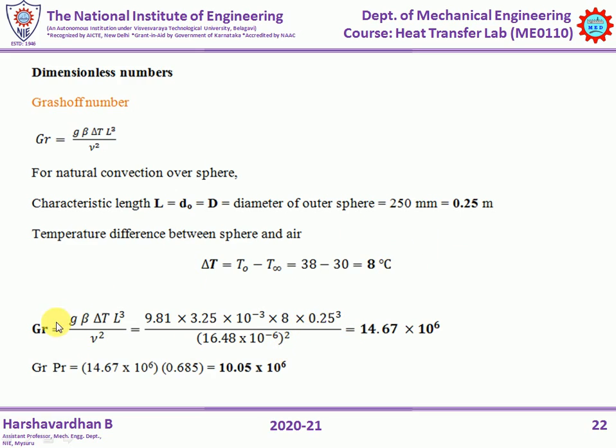By substituting the characteristic length as the diameter, the temperature difference as 8 degrees centigrade, and all the properties that we have taken from the data handbook in the Grashof number equation, we got the Grashof number as 14.67 into 10 power of 6. Then we multiply this Grashof number with the Prandtl number. The product of Grashof number and Prandtl number is called the Rayleigh number, which we get here as 10.05 into 10 power of 6.